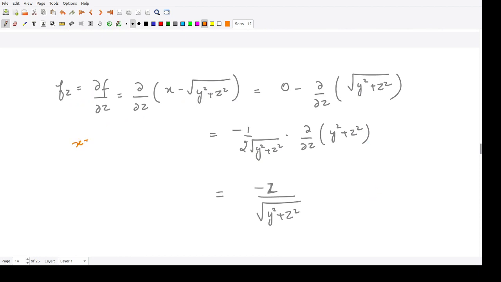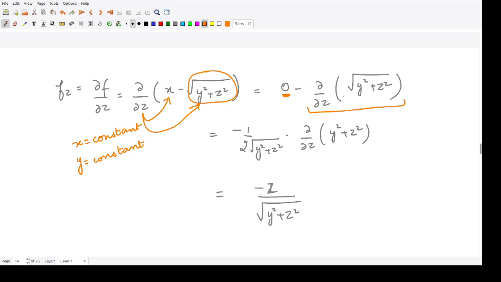Here we will treat x as constant and y as constant. So when you treat both x and y as constants, what would be the partial derivative of x with respect to z? It would be equal to 0, and the partial derivative of this whole quantity with respect to z would be as such, and then we'll calculate its derivative.